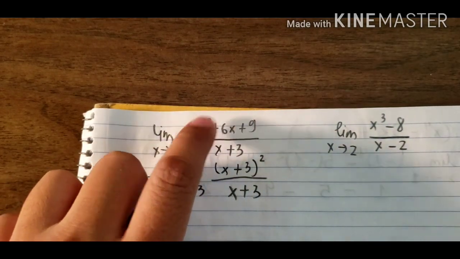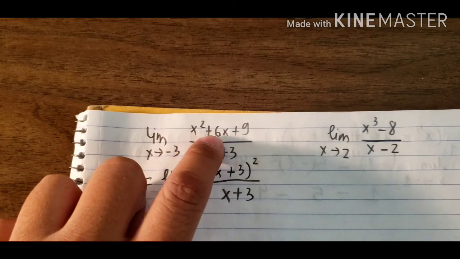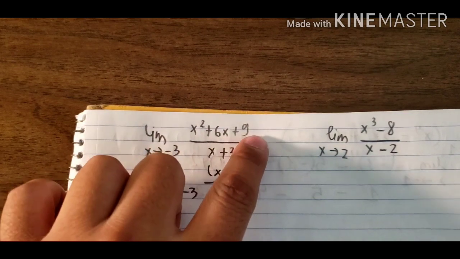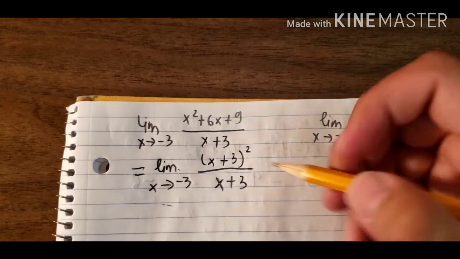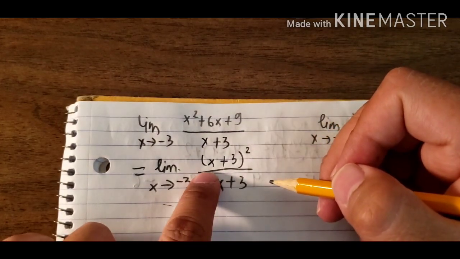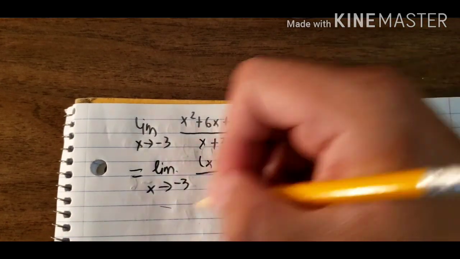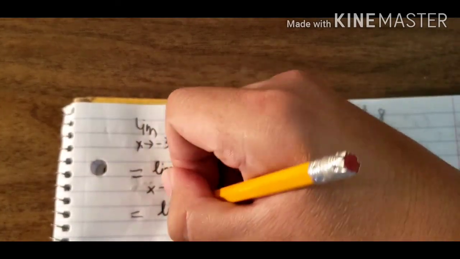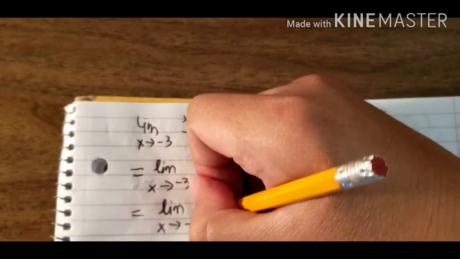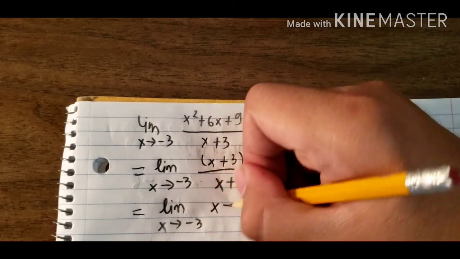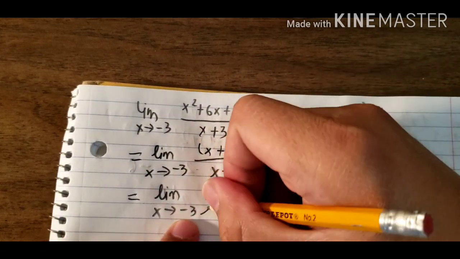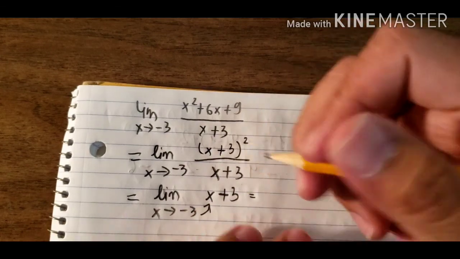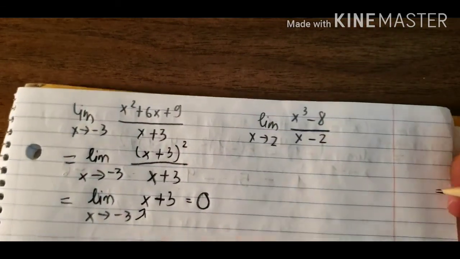That's a power 2 plus 2ab plus b power 2, and we simplify the factor in here, and we got s going to minus 3, we have s plus 3, and then we have the minus 3 in here. We just input in the s, so we got 0.